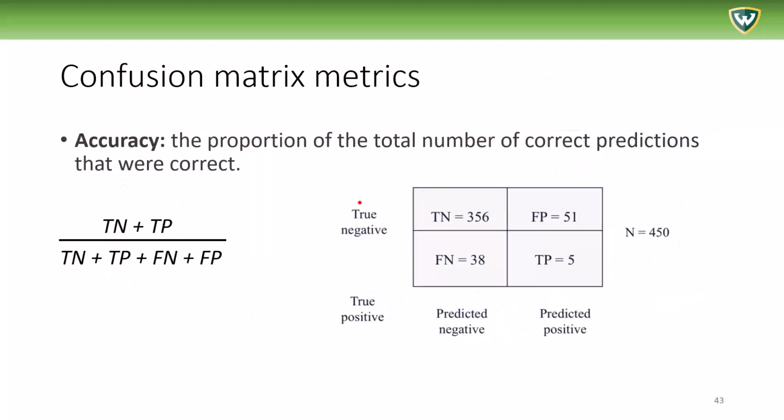Now, the more formal measures that we use are the following. One is the accuracy, and accuracy is the proportion of the total number of predictions that were correct. So that's the true negative plus the true positive, divided by everything that was predicted. And here you can calculate as you wish, 356 plus 5 divided by all of these summed up.